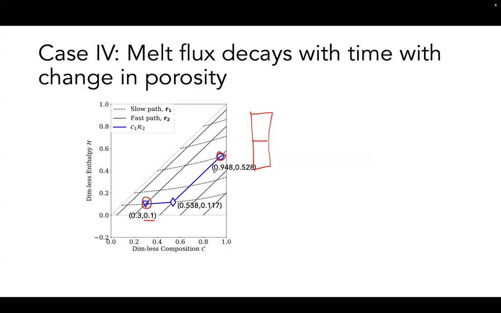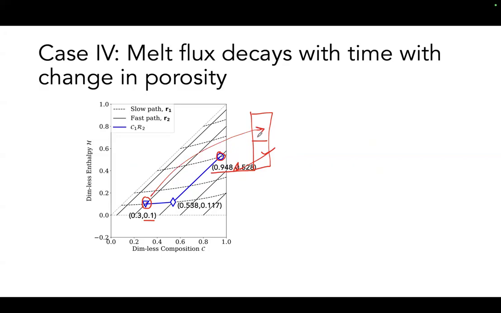And the right state is more saturated and less porous firn. In this case, 1 minus 0.948, which is almost zero, and then 0.5. So this is 50% porous. More porous in this case, less porous in this case, but that doesn't matter.